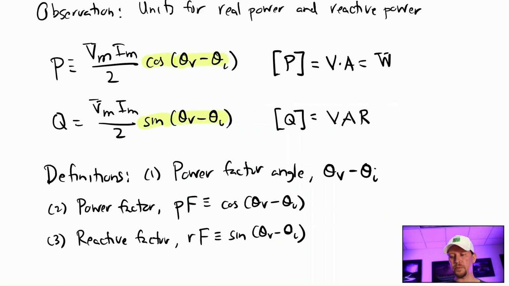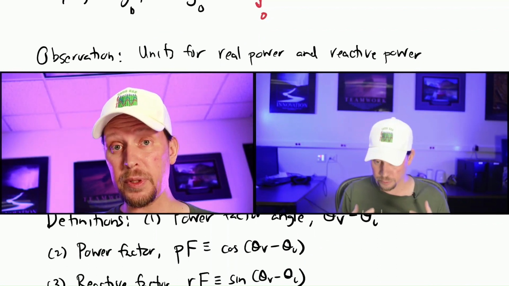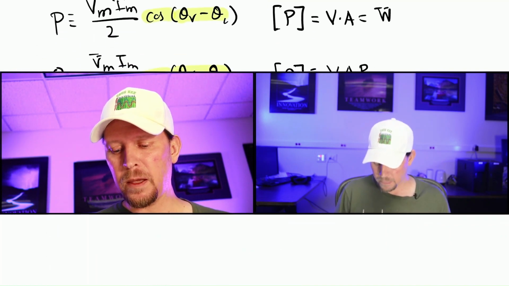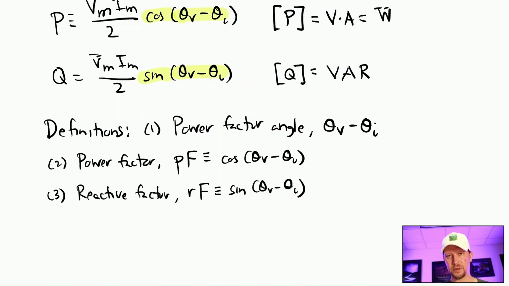Now, in general, whenever we're talking about a circuit, a system that's undergoing sinusoidal steady state, oftentimes we really do want to deliver real power to the load. That would mean that for ideal loads, if it's going to be an efficient system, we would want to design our systems in such a way that our power factor is as close to 1 as possible.